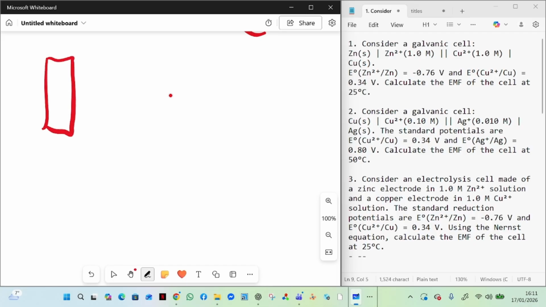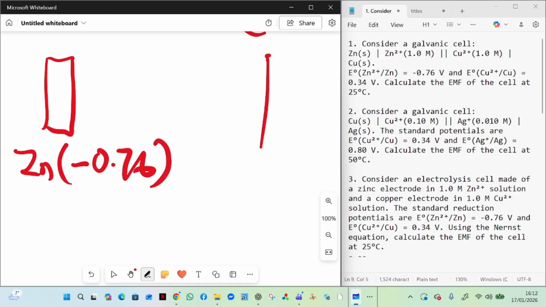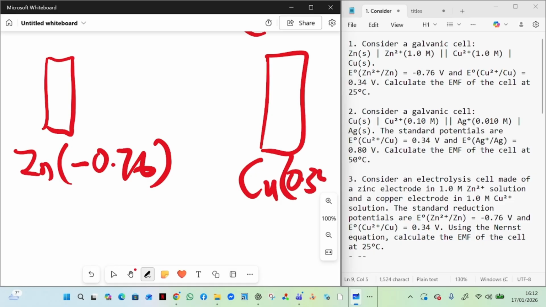In a galvanic cell, if you watch the previous video, you see that the more negative electrode is the zinc, and the copper is a more positive electrode, which is 0.34 plus. The more negative one is the anode in a galvanic cell, and the more positive one is the cathode.